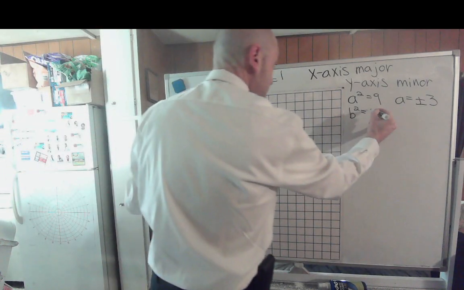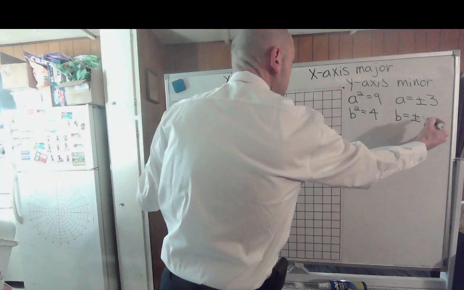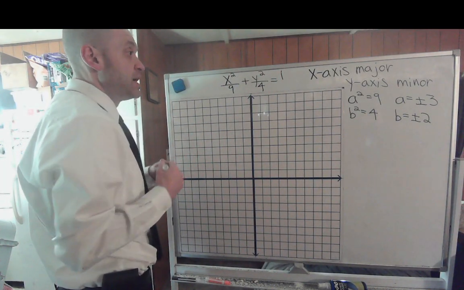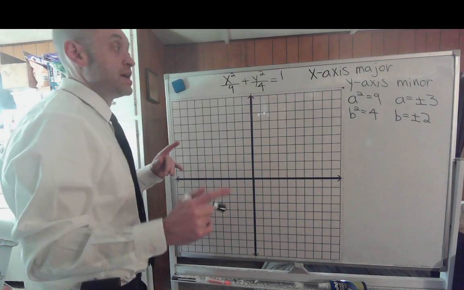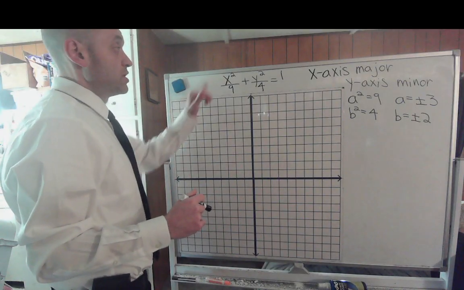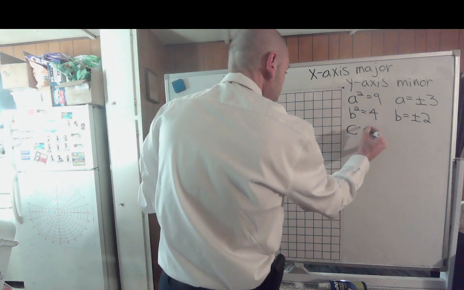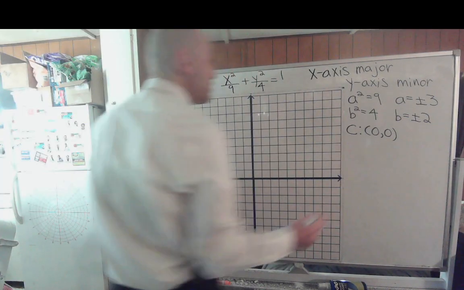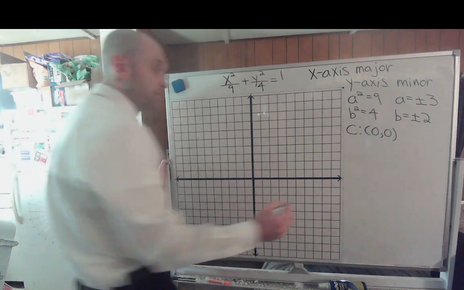So b squared equals 4, which means b equals plus and minus 2. It's very helpful to solve for those. Now, let's find the center. The center of this ellipse is just x squared, just y squared, so the center is located at the origin, (0, 0).